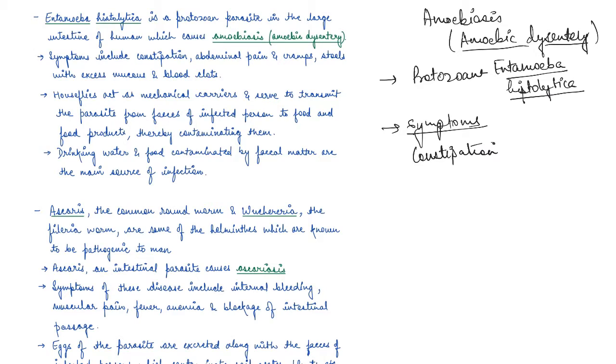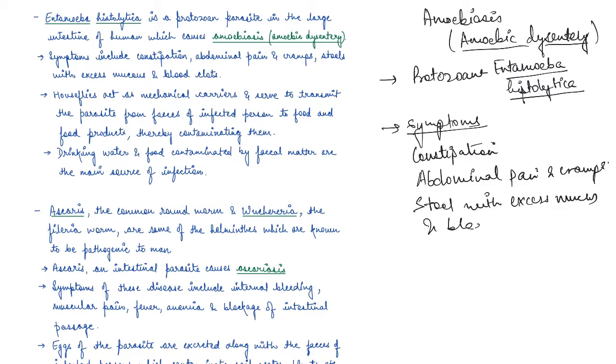Since it affects the gut, the symptoms will be related to the gut, right? Abdominal pain and cramps, right? You have stool with excess mucus and blood clots as well, right?